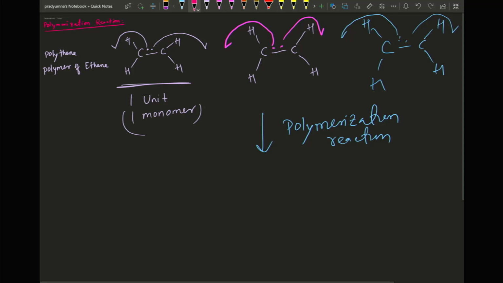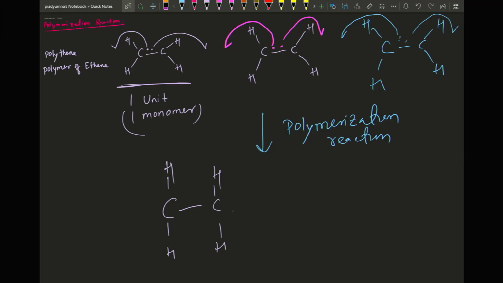What you're getting is, I'm going to color code this time better, C H H. Now the double bond is broken, so it's going to attach on this side with the next pink carbon atom. So this is the pink one.